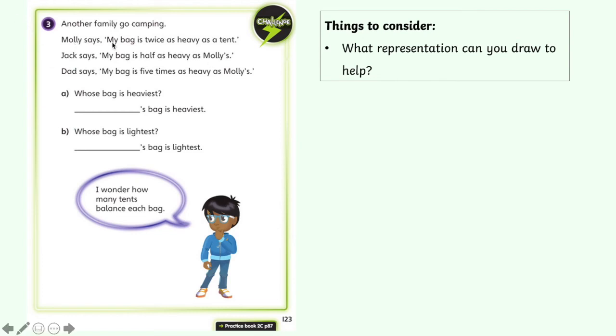Molly says, my bag is twice as heavy as a tent. So let's look how we could draw this. Here's Molly's bag, and we know that it's 2 times as heavy as a tent. It's twice as heavy. So you can see in my bar, Molly's bag is the same as 2 tents. Right, let's look next.